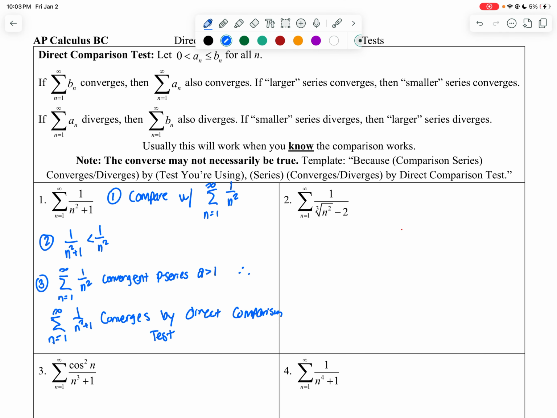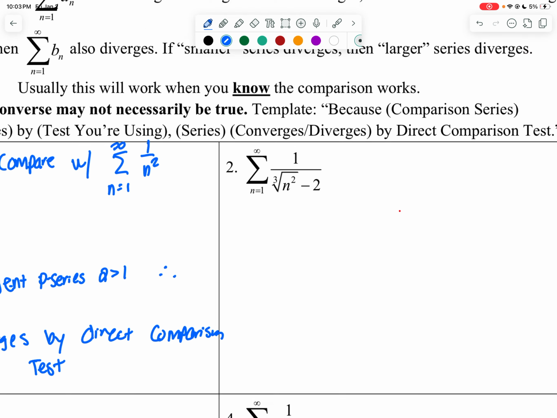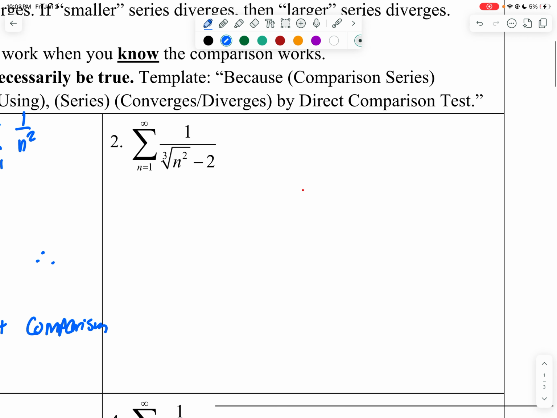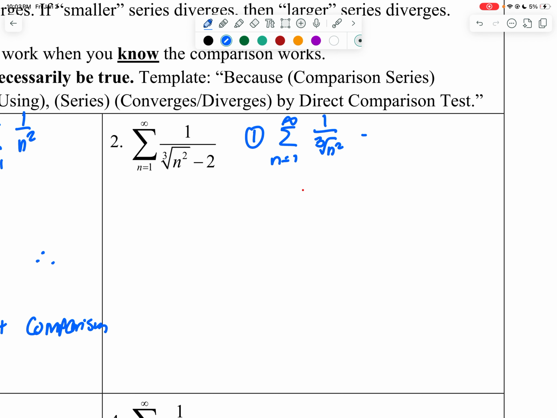Okay, that was easy peasy lemon squeezy. All right, so if I were to look at number 2 here, we're going to do the same thing where I'm going to look at this and think about, okay, this series looks like 1 over the cube root of n squared, aka 1 over n to the 2/3.